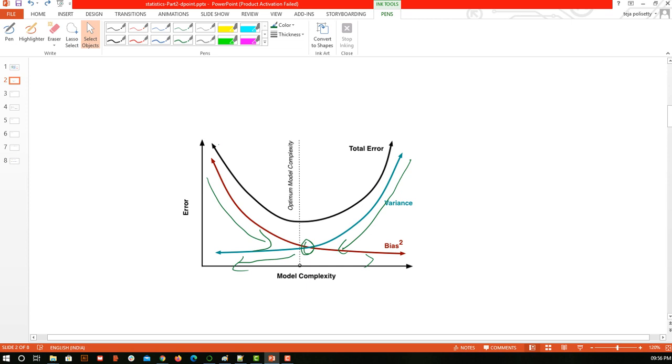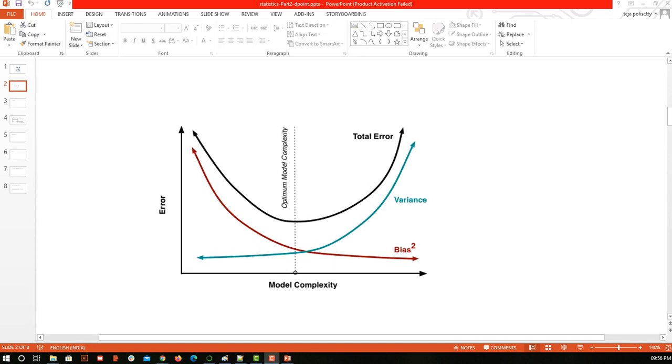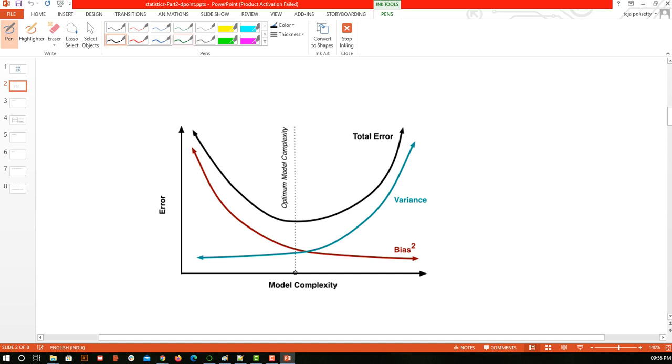But after reaching the threshold, let's focus on the variance. Let me clear this graph and draw this again. Let's consider variance first.